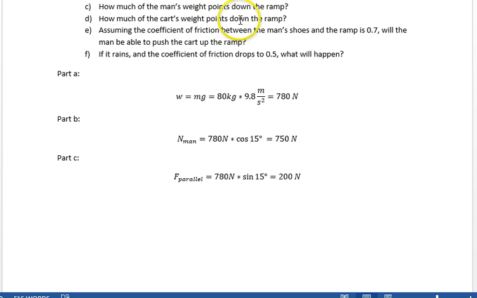Part D. How much of the cart's weight points down the ramp? For the cart, I'll call this one FP cart and the previous one FP man.